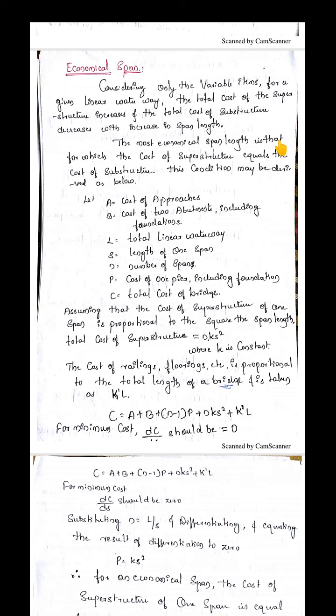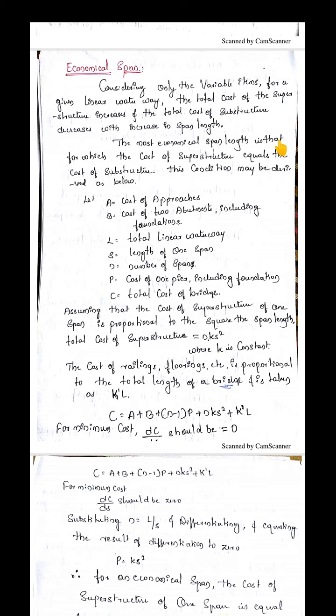So we have the various parameters. If n is the number of spans, n minus 1 is the number of piers. P is the cost of one pier including the foundation.